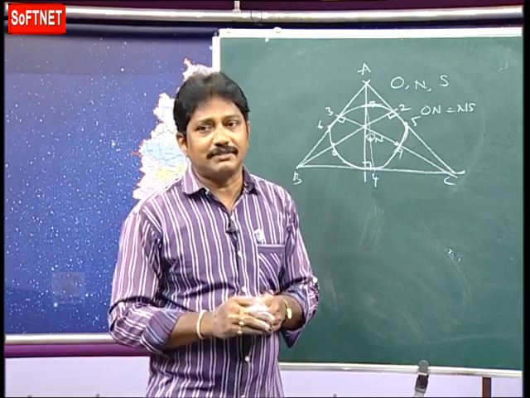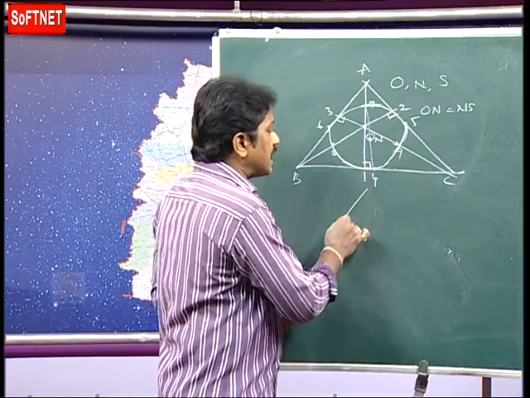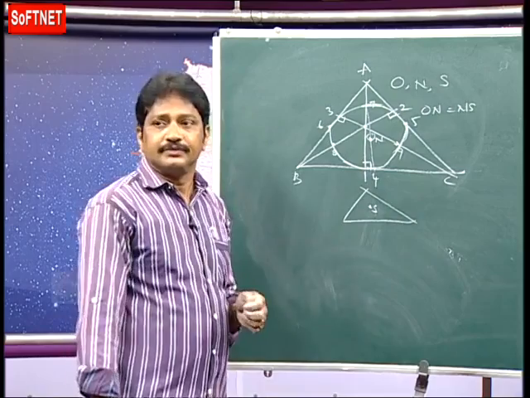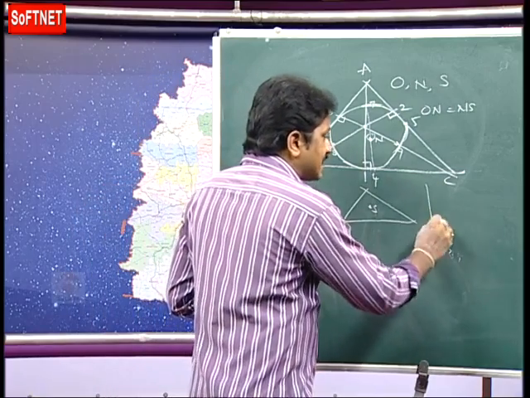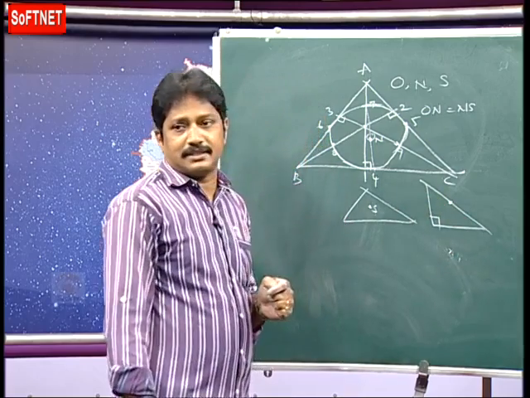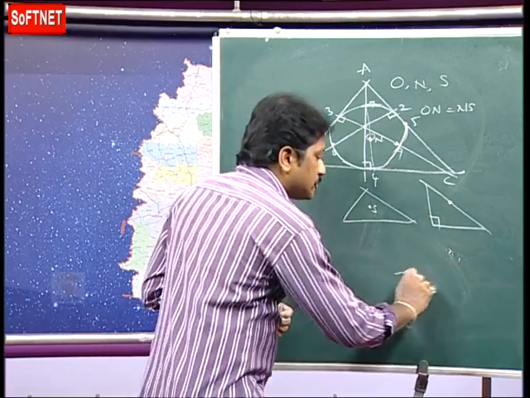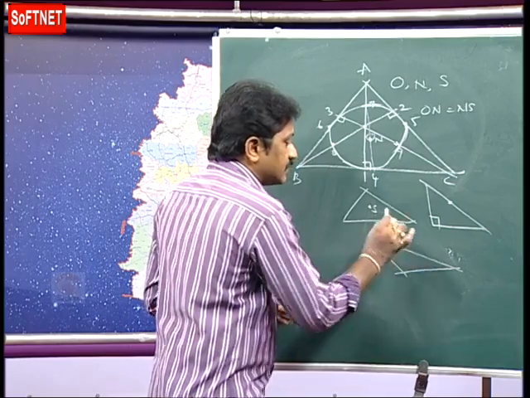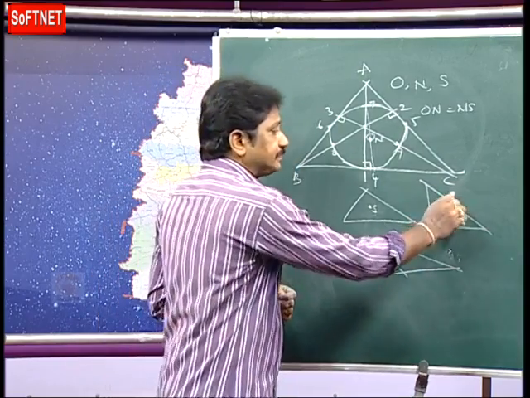For a circumcenter, when it is an acute angle triangle, the circumcenter lies inside. When it is a right angle triangle, the circumcenter is the midpoint of the hypotenuse. When it is an obtuse angle triangle, the circumcenter lies outside. This is the most important.